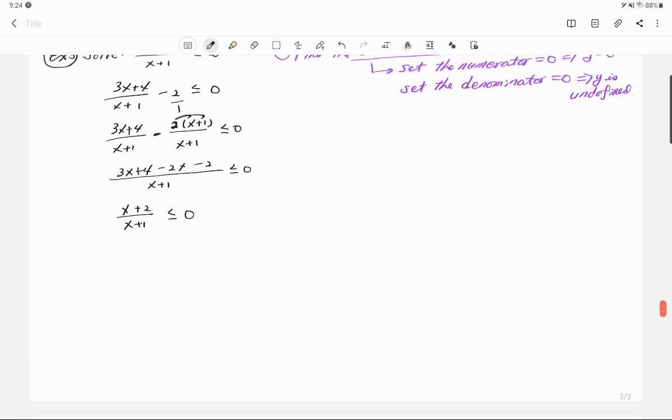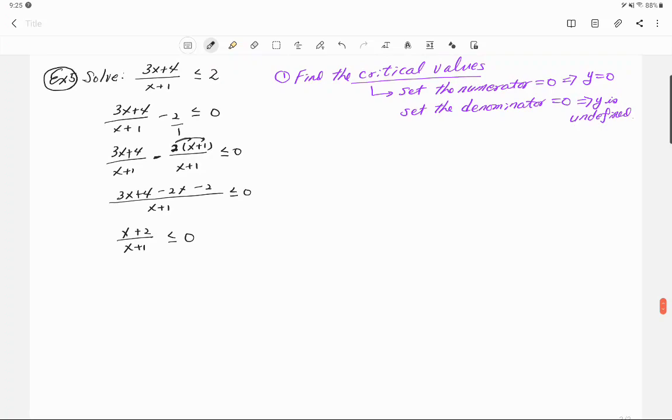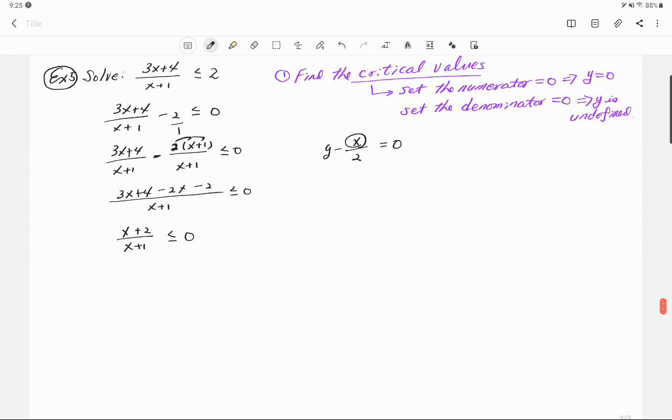From here, the first step is to find the critical values. Critical values means, if the numerator is 0, then what happens? Let's say here is x over 2. If the numerator is 0, then the value is 0, which means the y value is 0. Since y is 0, we call this the x-intercept.